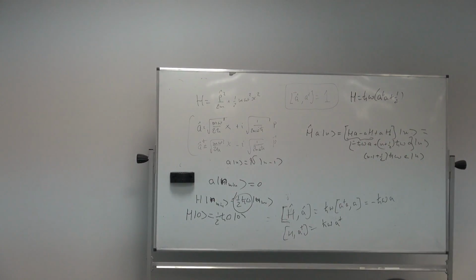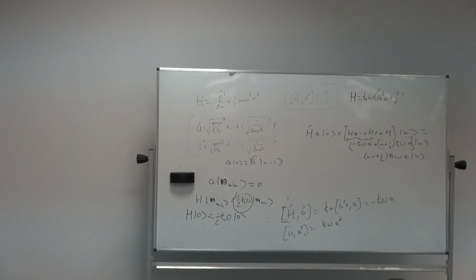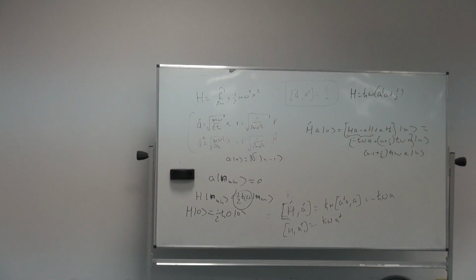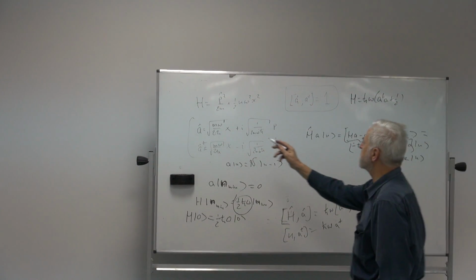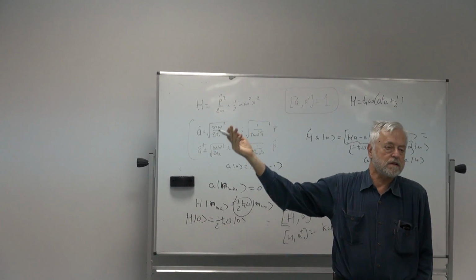If someone has an instinct of masochism, then one can still ask how this state looks. It's very easy. You just take this operator, act on this unknown state, and equate it to 0.